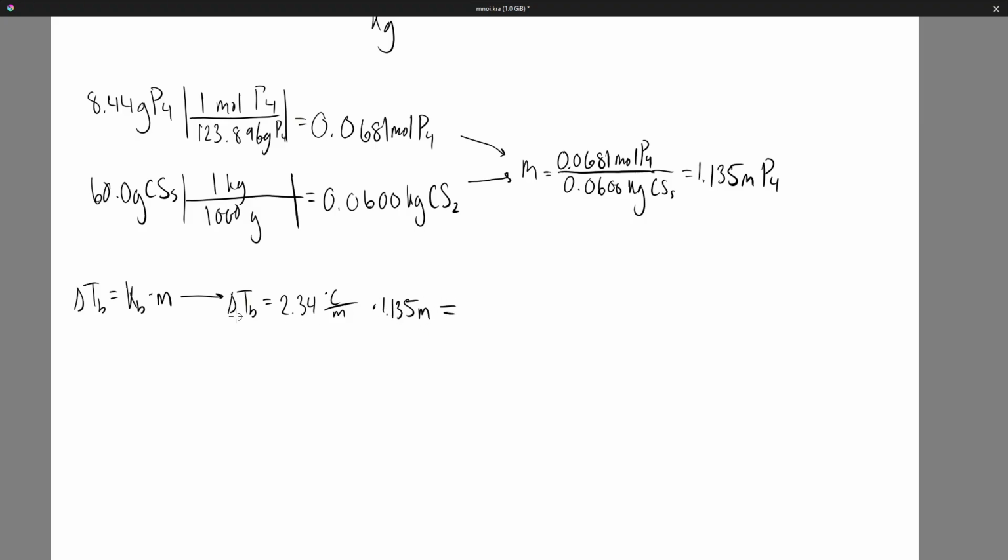Okay, now let's save that for later and let's do the formula for the freezing point change. So it's basically the same thing as the one above. It just changes constant, which is also given to us.